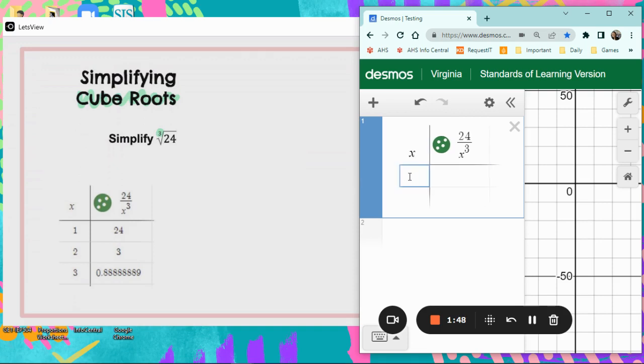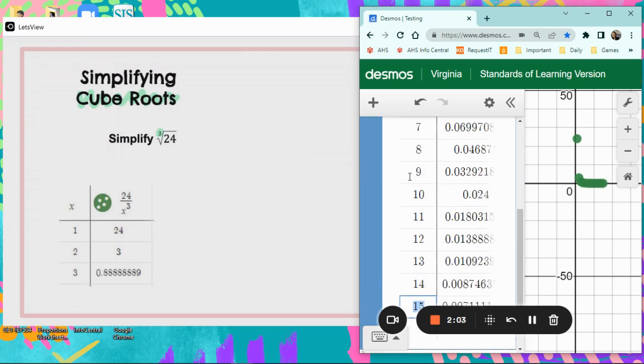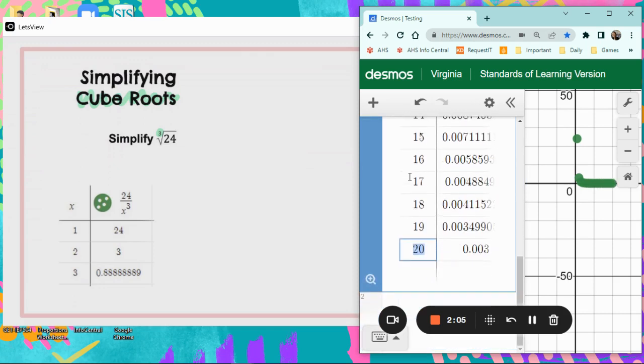Okay. Once you have that, you're just going to go over to this X column, hit 1, enter, 2, enter, and it should start to autofill all of your columns for you. So you can just hit enter and it fills it out. I want you to go to 20.